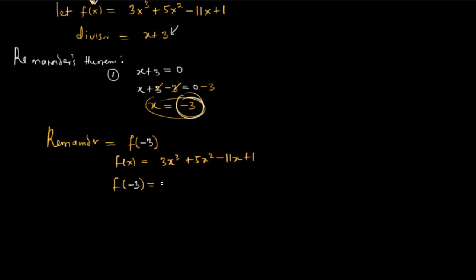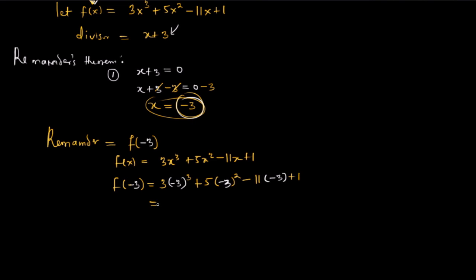So this is just going to be 3 times negative 3 all to the power 3, then plus 5 times negative 3 all to the power 2, then negative 11 times negative 3, then plus 1.